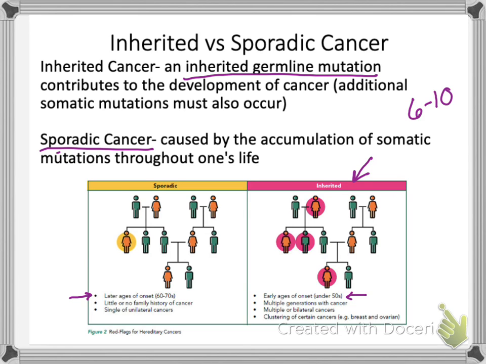And we don't see large clusters of it within the family. So just remember, somatic mutations are required no matter what for cancer. But if you only have somatic mutations, then you have sporadic cancer. It develops by chance, on its own. Whereas if you have an inherited germline mutation, plus some other somatic mutations, then you have inherited cancer.